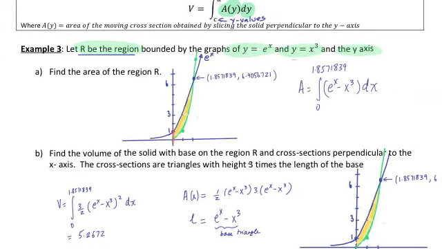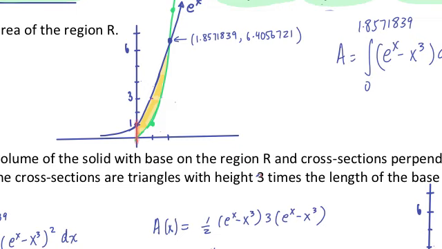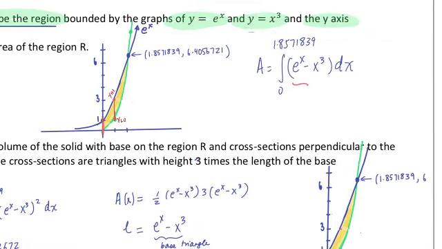And we calculated the area of that region, and for that calculation, we're really just doing our Riemann rectangles with the y high being e to the x and the y low being x cubed. And so in my integral, I put e to the x minus x cubed.